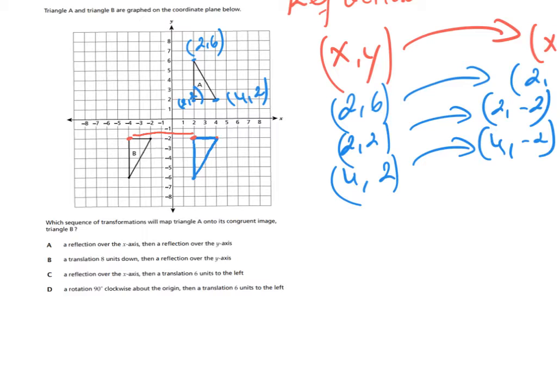And if I move this point to the left, I will get to this point right here. And if I move this one 6 units to the left, I will get to this point. So that's how I get to this triangle right here. And we can see clearly that C is the correct answer, because it's a reflection about the x-axis, then a translation 6 units to the left, right?